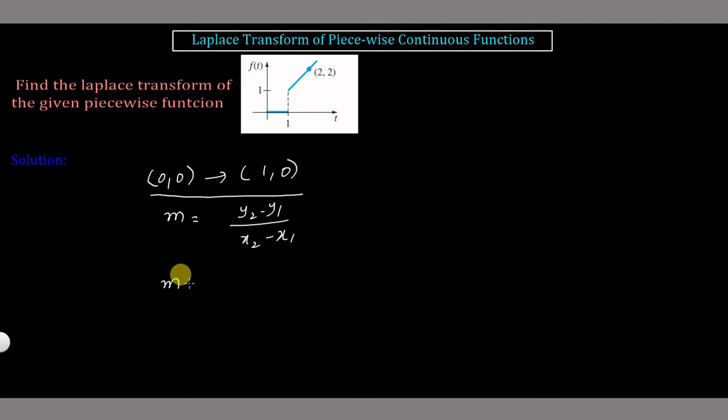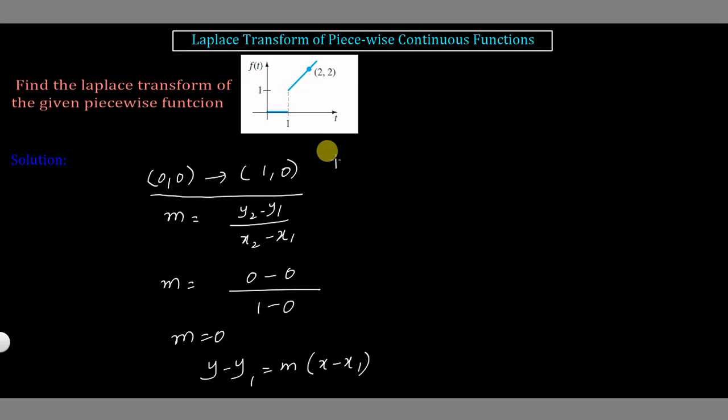This is 0 minus 0 over 1 minus 0. So the gradient is 0. We can use any of the points for the equation of a line, which is m into x minus x1.